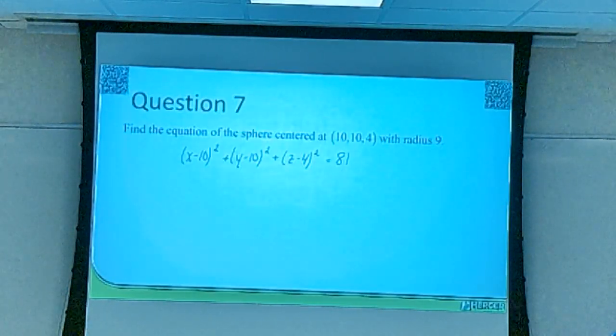And it's the same as a circle, just one extra dimension.